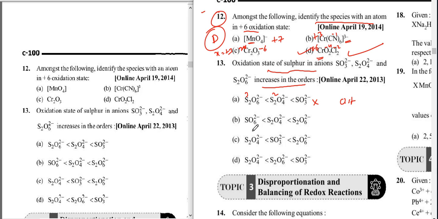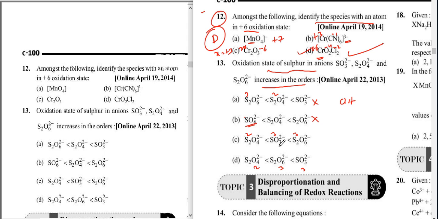Here each sulfur 6, so obviously more oxidation number here, that means wrong. Here each sulfur 2 oxygens, 3 oxygens. Now we have to check this one properly.